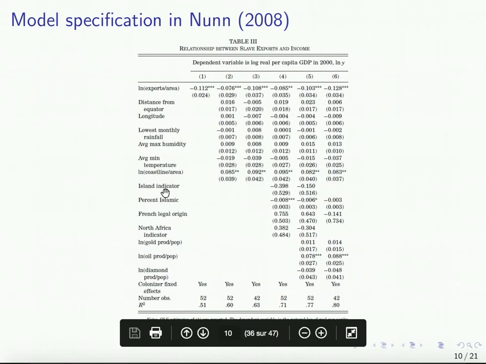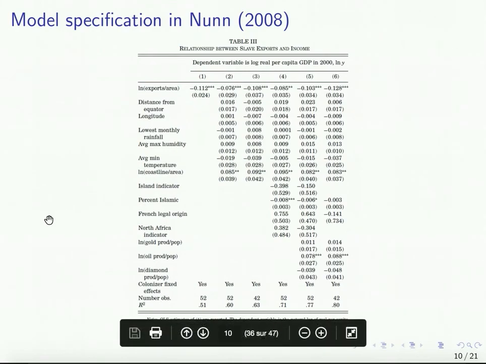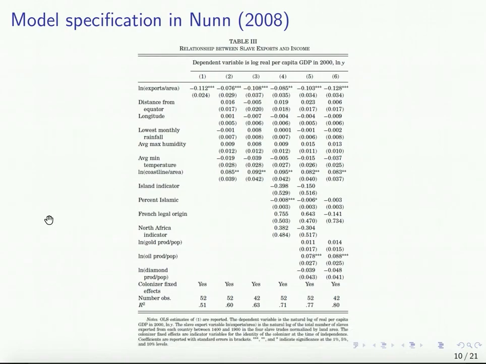So in column 1, you're only controlling for one thing, and that is what was the colonizer of these African countries at the time. The idea, which is quite simple, is if I know that some countries were formerly colonized by the UK versus France, well, maybe the UK has a strong impact on GDP today, and so I really want to control for that in my baseline scenario.